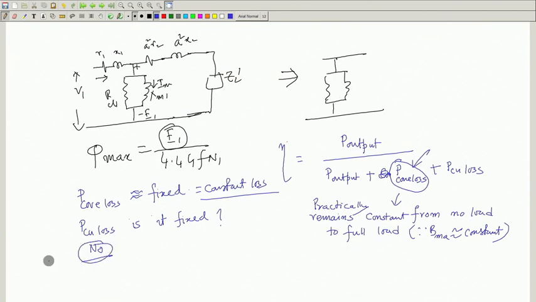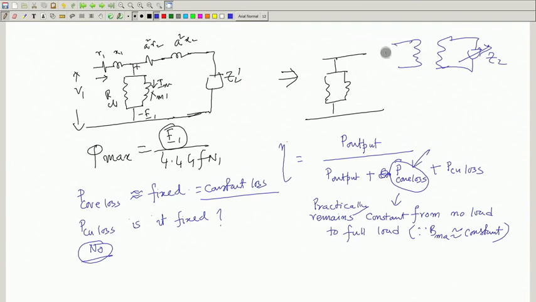Why no? The answer is very simple. As you change the load, the currents I2 and I2 dash will change. What do you mean by loading? From no load condition, I will draw the actual diagram, Z2 you are varying to vary the load on the transformer.